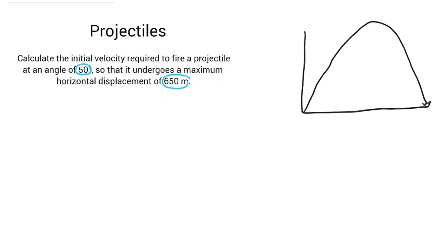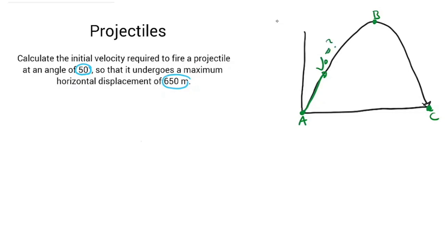Let me draw this structure to illustrate more. The projectile goes like this and falls this side. This point is the maximum. Here is the starting point and the end point here. We'll represent the initial point by A, the maximum by B, and here we say it's C. The initial velocity is what we're looking for.